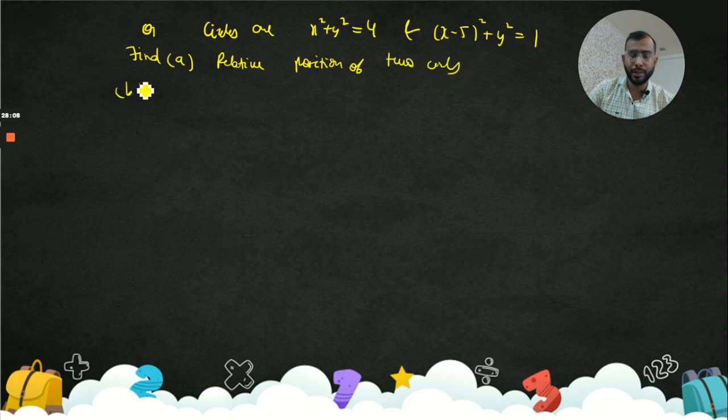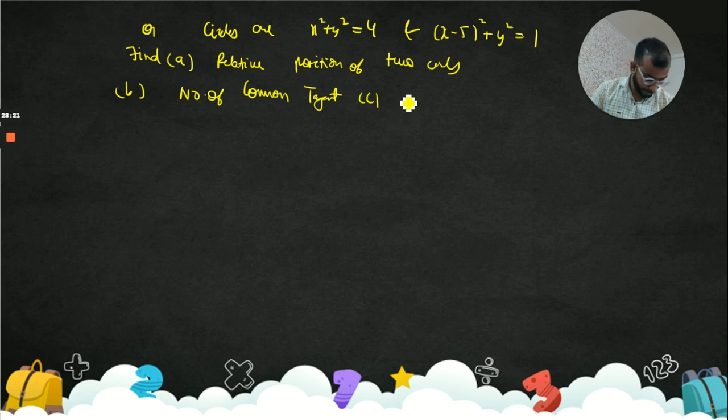Second, number of common tangents. Number of common tangents कितनी होगी? 2 plus 2, अभी देखेंगे रुको. 4. Third, intersection points of TCT and DCT.